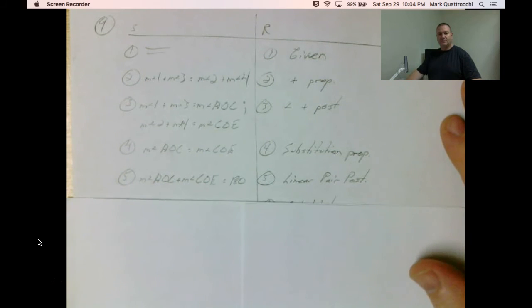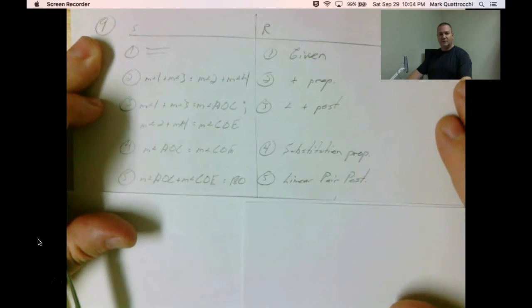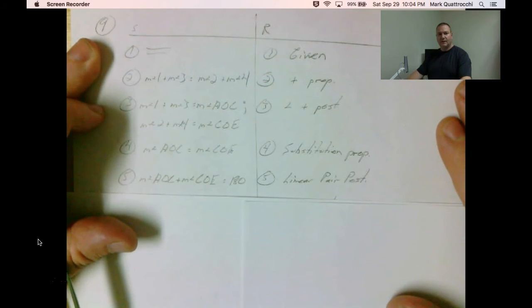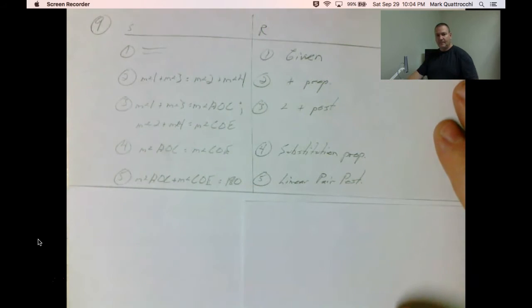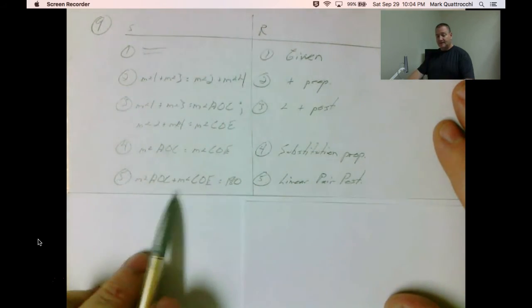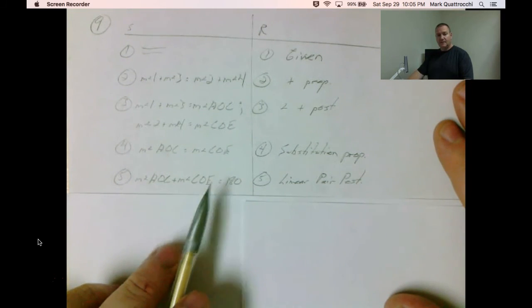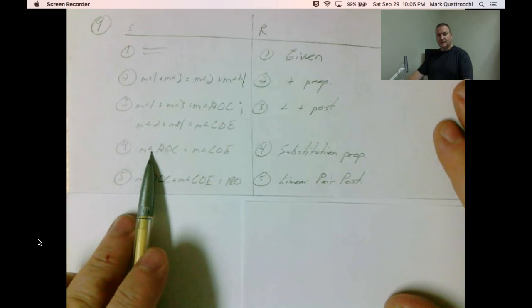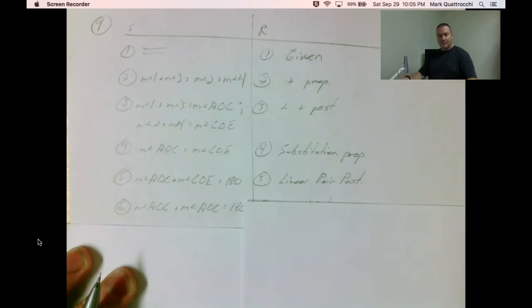Measure of angle AOC plus the measure of angle COE equals 180 degrees. Linear pair postulate. Okay, getting closer. Instead of writing the measure of angle COE, I can replace that with the measure of angle AOC. What allows me to replace things? Substitution property.